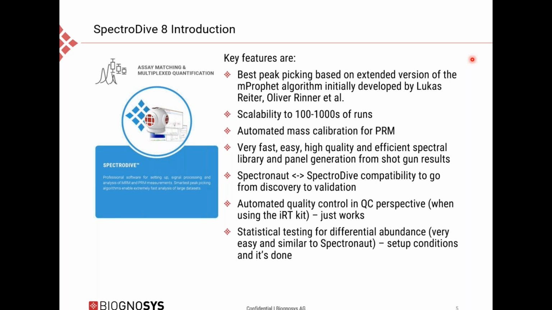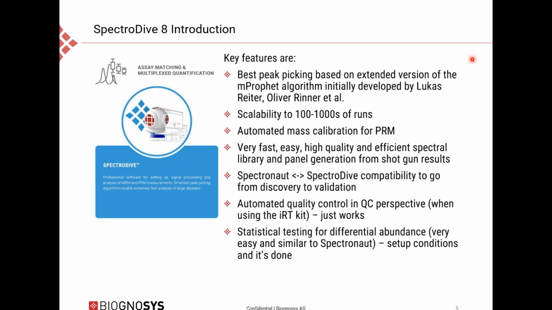With this, we've also optimized the compatibility between Spectronaut and SpectroDive, to basically go from discovery projects using hyper reaction monitoring mass spectrometry in Spectronaut to targeted follow-up studies using SpectroDive and targeted proteomics, MRM and PRM.